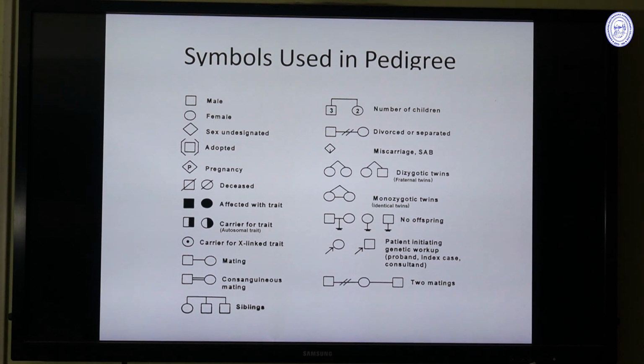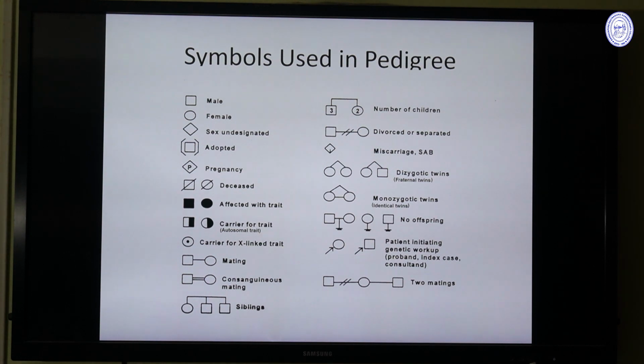And this one is the monozygotic twins, means they have started their life from a single zygote. Afterwards, the blastomeres have been separated to form 2 bodies to give rise to these monozygotic twins. So, they are identical. These are the no offspring symbols.